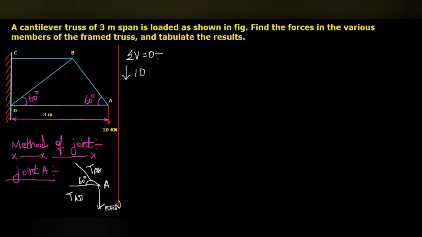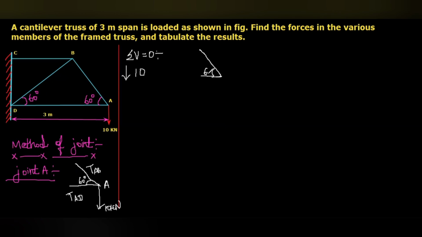Here, for TAB there are two possibilities. For understanding purposes, I am going to draw both possibilities. This TAB is acting like this at 60 degrees with respect to the horizontal.